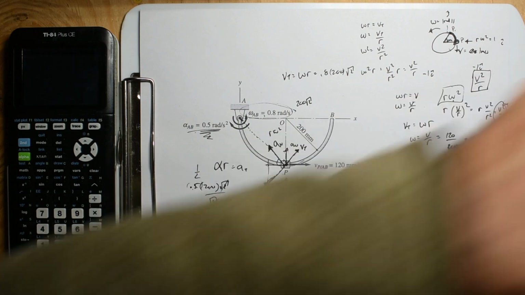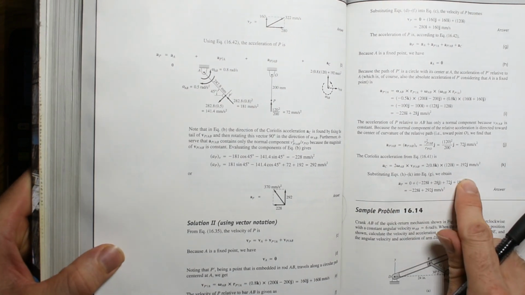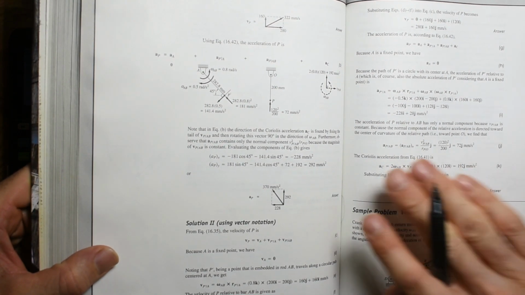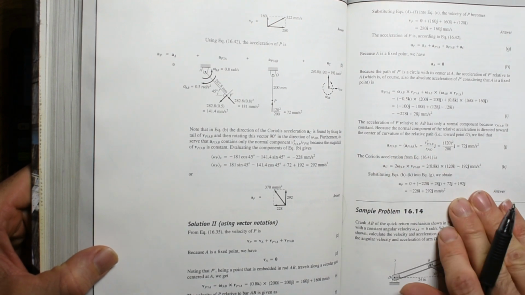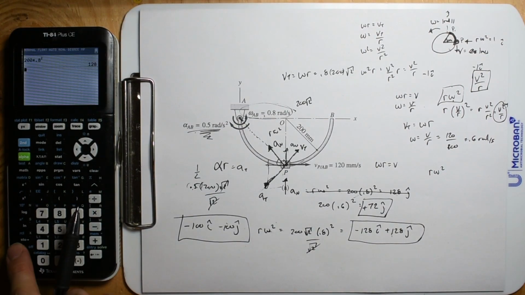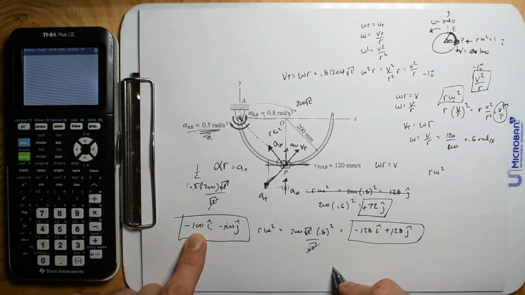I'm going to pause because I'm not sure if I got these right. So 72, perfect, and then we have 192. I don't know where they get this Coriolis effect. Let's just add these up and see what we're missing. So our i hat terms, we're going to have negative 228 in the i hat.